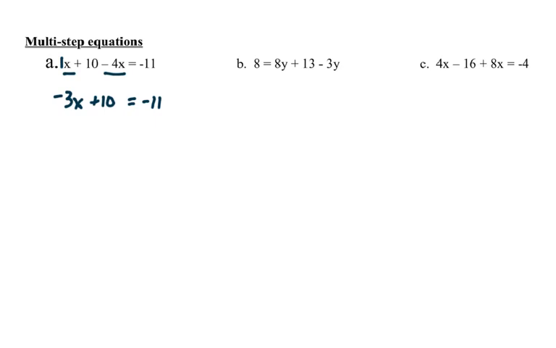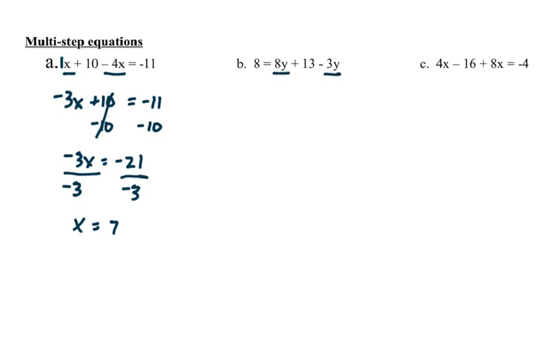And now we can solve this just like one of the equations from the last slide. Minus 10. Negative 3x equals negative 21, and divide by negative 3 to get positive 7. On B, we're going to combine like terms again, this time with the y's. 8y and negative 3y are going to give us 5y.